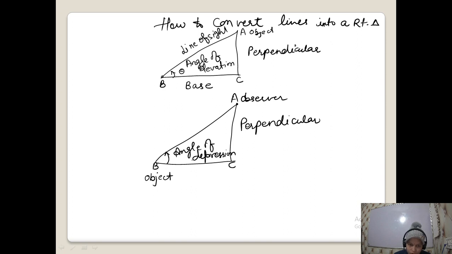When the observer makes an angle from above to down, from up to down, that is known as angle of depression, or you have to draw this line also in case of angle of depression, which is parallel to BC.